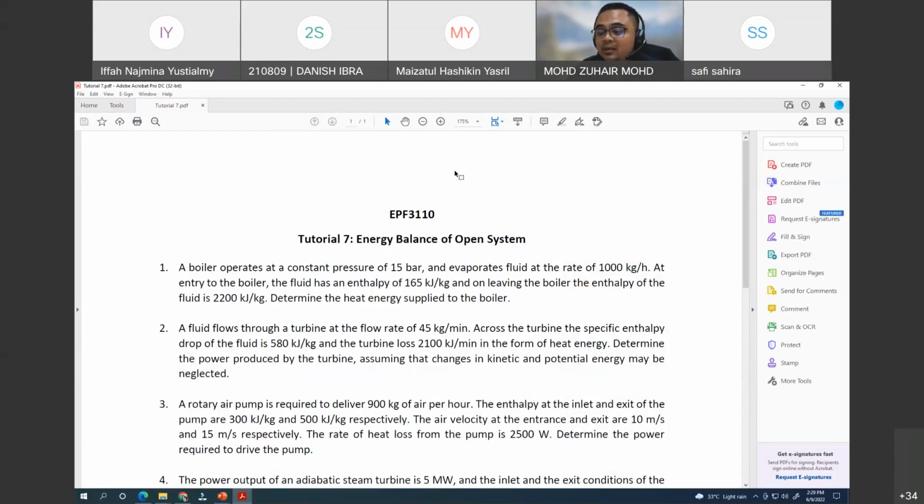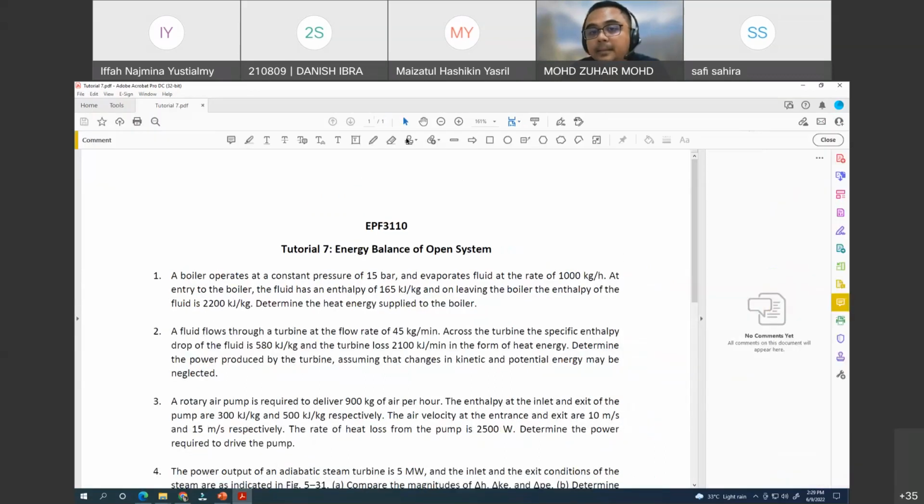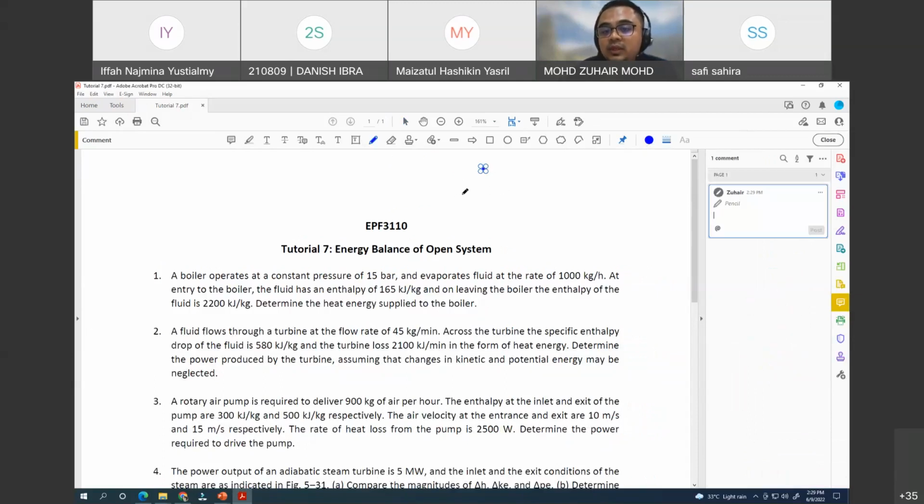Well, basically for me, I think the way to solve open system and closed system is more or less the same. It's just the matter that for the open system, normally we have Q plus W equals to delta H instead of delta U, plus delta KE plus delta PE.